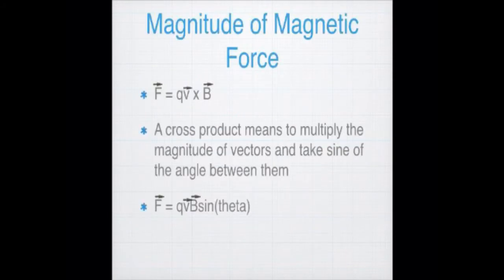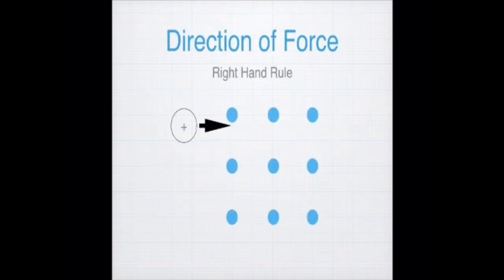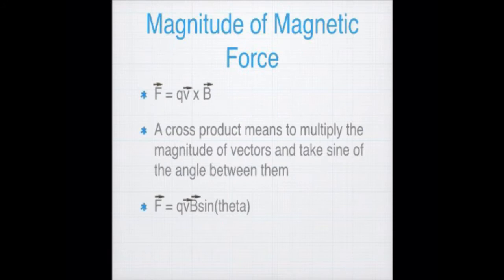And the magnitude of the magnetic force is the charge Q that's in the field, times the cross product of velocity and magnetic field.